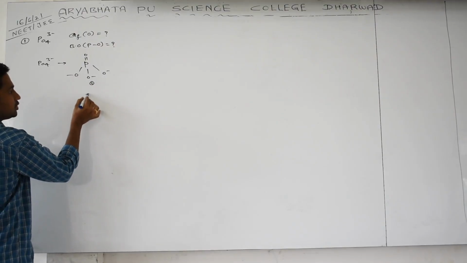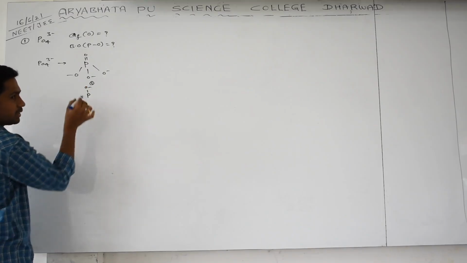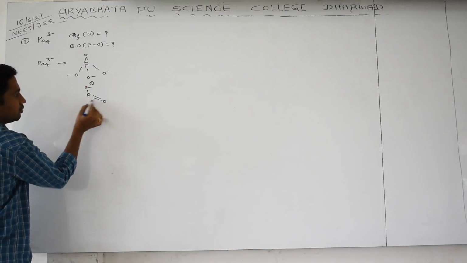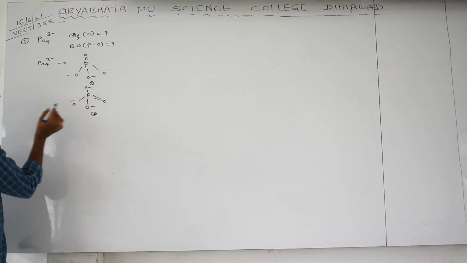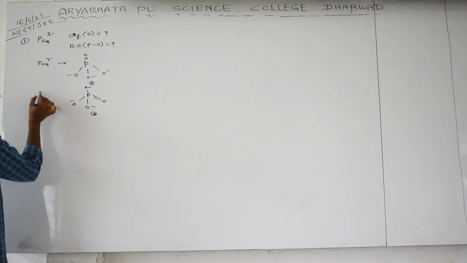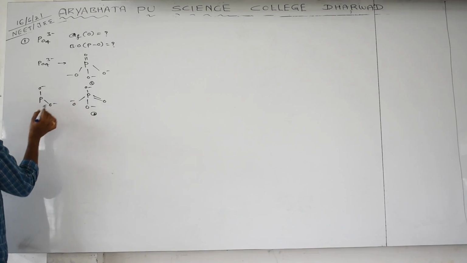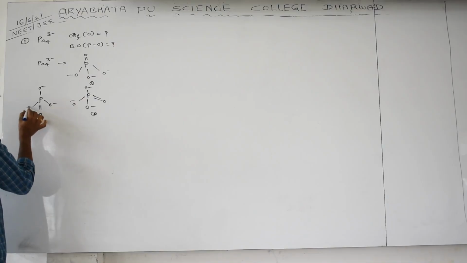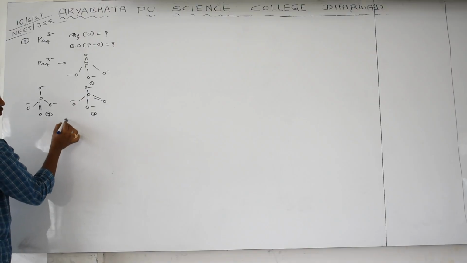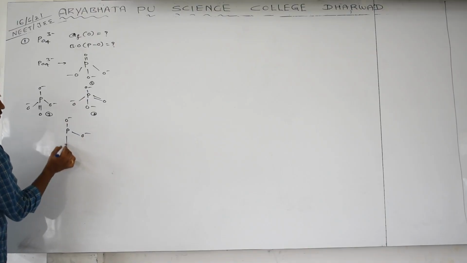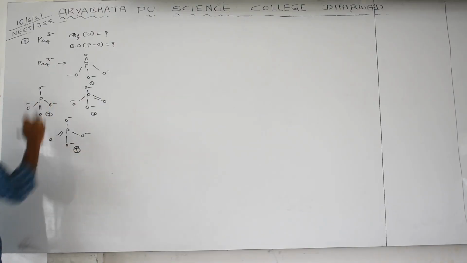One more resonance structure we get by just migration of the pi bond: the double bond moves to another O and the first becomes O minus. That is the second resonance structure. You get one more with the double bond on another O, the third resonance structure. The fourth resonance structure has the double bond on the last O. Again you get the first one.